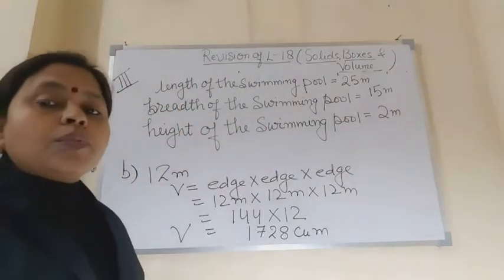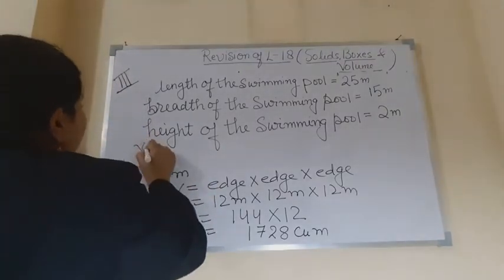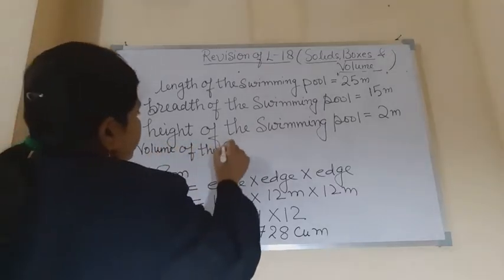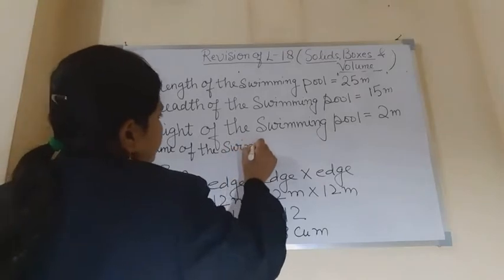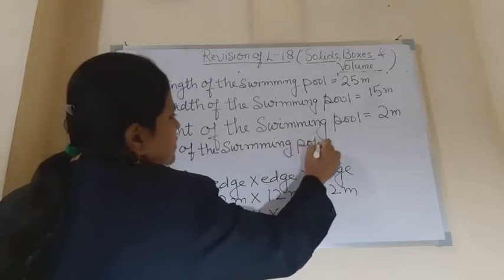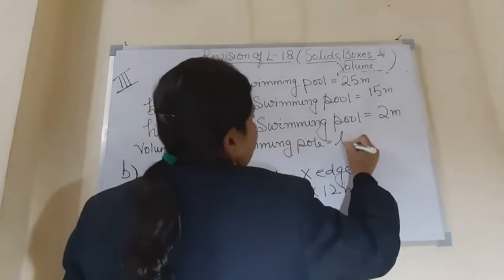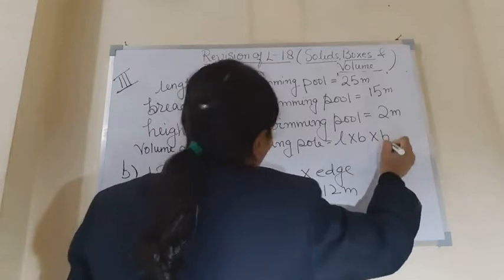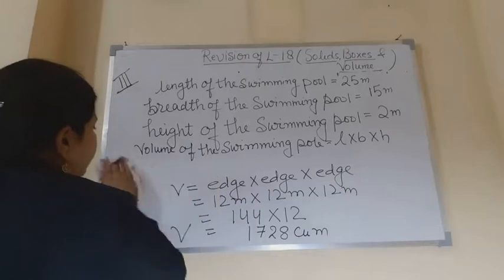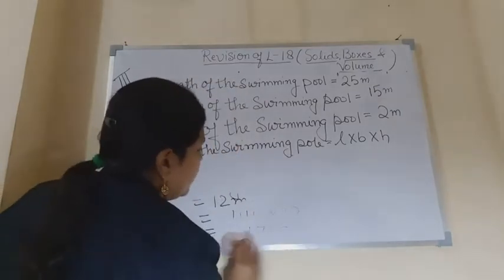And children, first of all, let us find the volume of the swimming pool. So what is the volume of the swimming pool? Let us see. Volume of the swimming pool is equal to length multiplied by breadth multiplied by height. So now we will keep the value of length, breadth and height, and then we will find out the volume of the swimming pool.